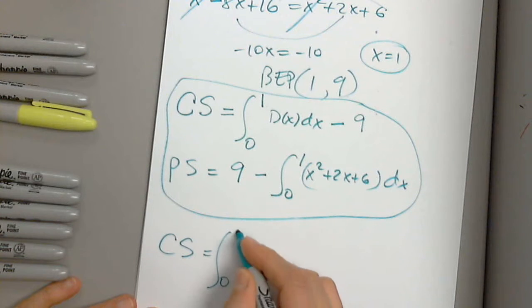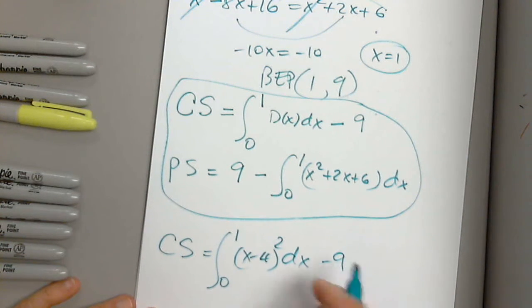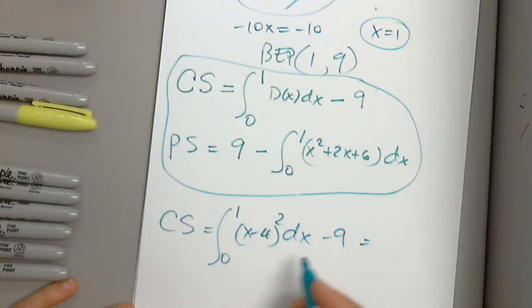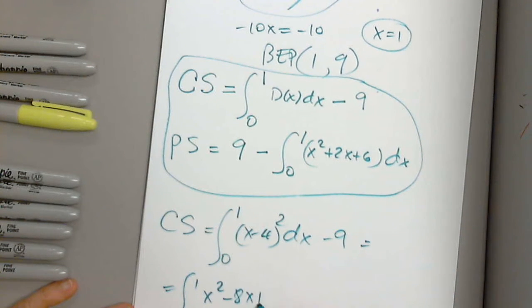So the integral from 0 to 1 of (x minus 4) squared dx, minus 9. 9 is the area of the rectangle, length times width. So what I would do, I would expand this as x squared minus 8x plus 16.